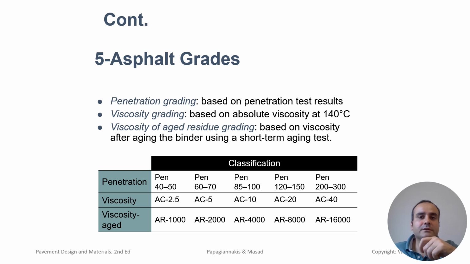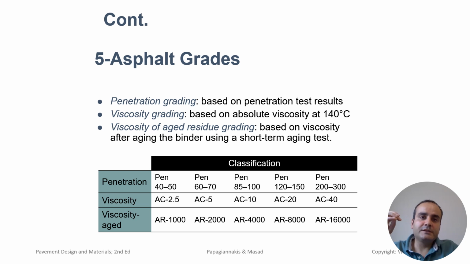This system is commonly used in California and is part of the Caltrans grading system, where binders are denoted as AR-1000 or AR-2000 based on the viscosity of the aged residue.